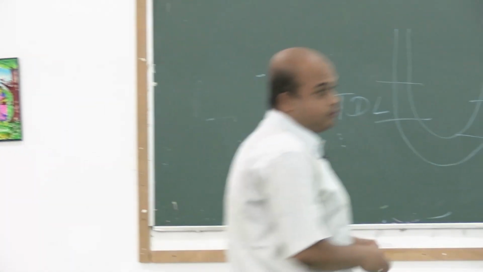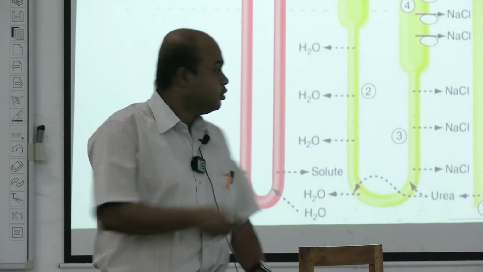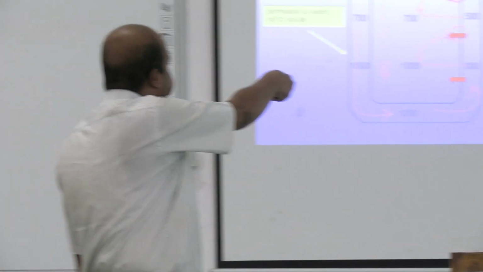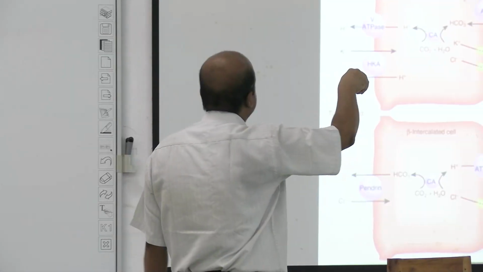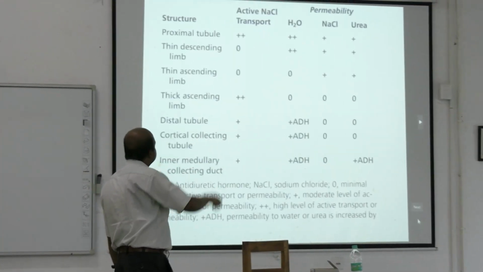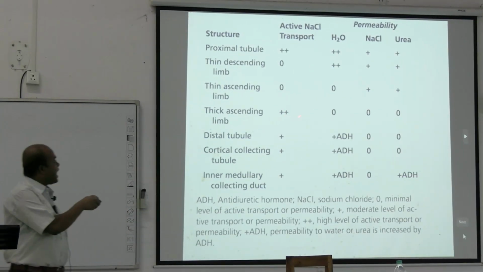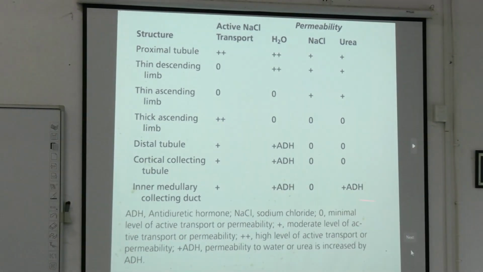Active sodium chloride. So this is the part. If you don't remember from yesterday, you have to think what you will do. But this is the part where we showed the thick ascending limb: active NaCl transport, and permeability to all else.